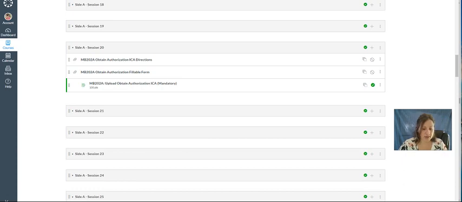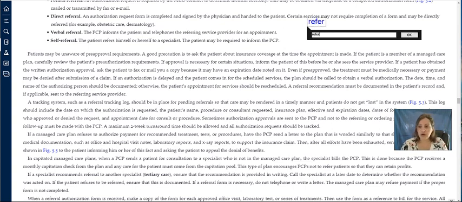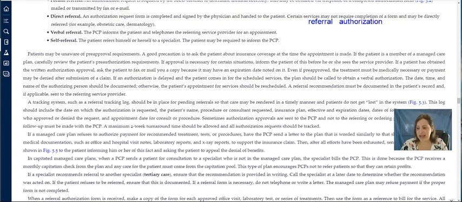So let's talk about authorizations for a second. So I'm going to go back here to the textbook. And if the patient has to have something authorized, I want to talk about referrals and authorizations are not the same thing. A lot of students think these words are interchangeable, and they're not.